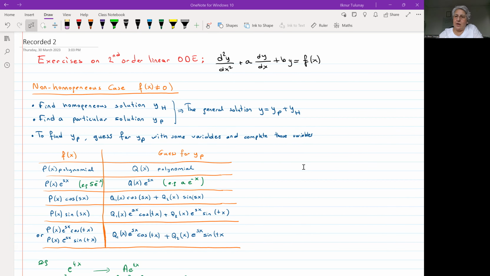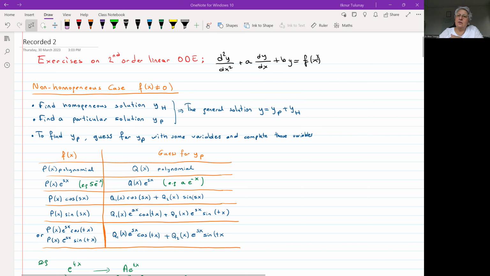In general, to solve this kind of equation, we first calculate the homogeneous part. So we assume that f(x) is equal to 0 and calculate the solutions for this part. Let's call this homogeneous part solution yh. And then we have this function f(x).